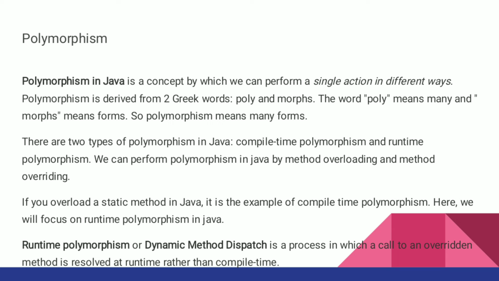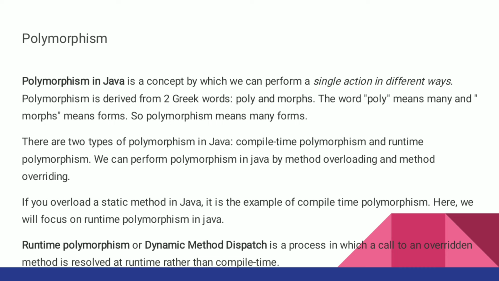So polymorphism means many forms. If one task is performed in different ways, it is known as polymorphism. For example, to convince the customer differently, or to draw something, for example a shape: triangle, rectangle, etc.